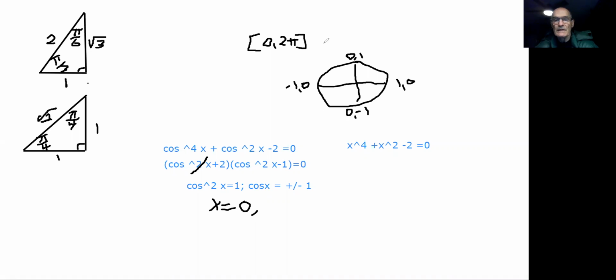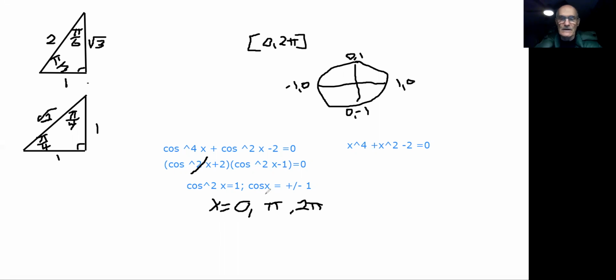So one of your solutions is 0. And of course, if you have 0 and you have a closed interval here, then 2 pi is also a solution. But the other solution, which is your minus 1, is over here at pi on the other side of the circle. Okay, so that's the second type of equation.